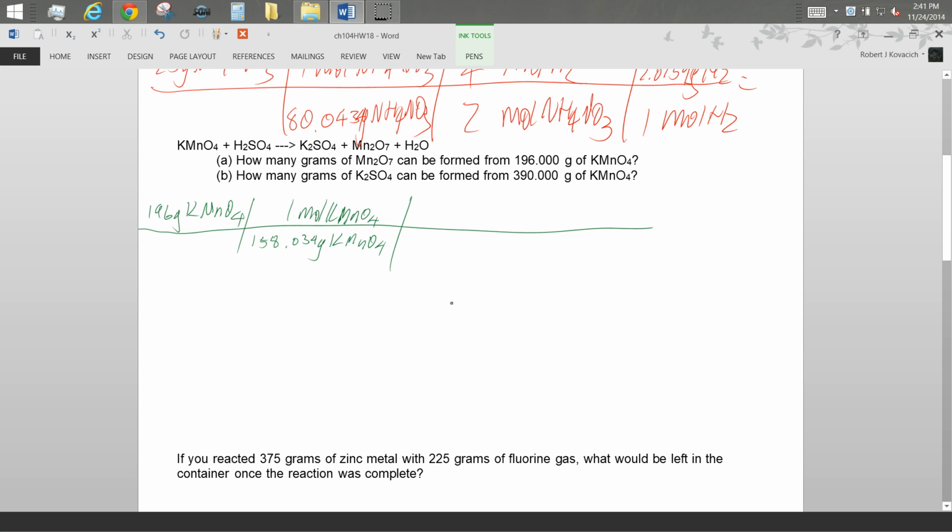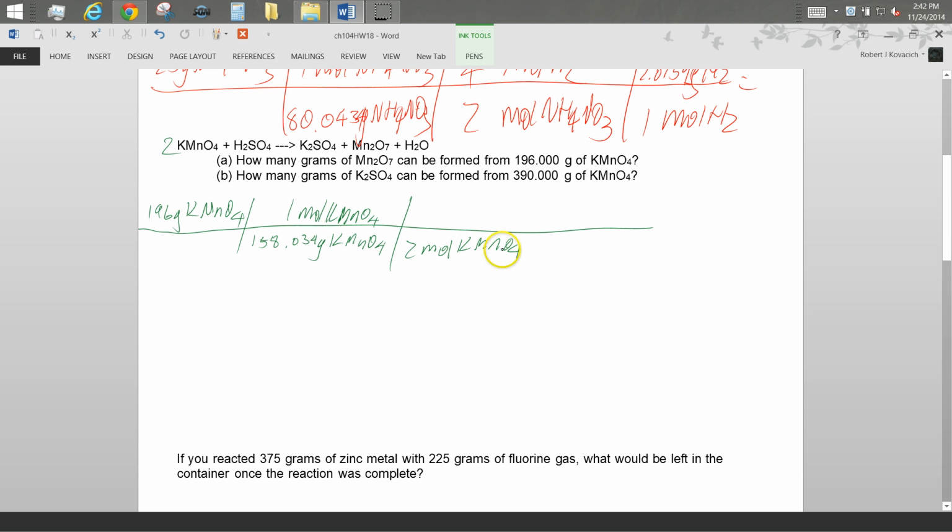We didn't balance this equation out, but it's just a 2 right there. Really? 4. Okay, so there's 2 potassiums, and there's 2 manganese, and there's 2 hydrogens, and there's 1 sulfur, and there's 8 and 12 oxygens, and yeah, sweet. Well, that was easy.